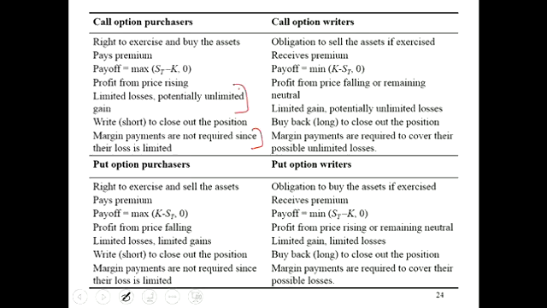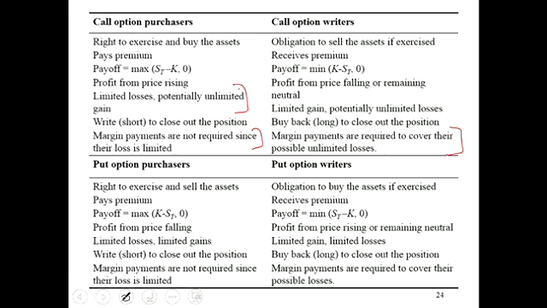But from the option writer's point of view, they're required to make payments to the margin account. Call option purchasers have no requirement to maintain anything in that margin account, but call option writers do, because of their potential for losses.